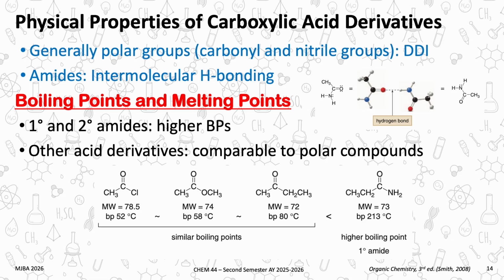So for the acid chloride, ester, and then ketone, all of these have the C double bond polar groups, and their molar masses are within a few units difference from one another, and we can see here that the boiling points are quite comparable, especially for the acid chloride and that of the ester.